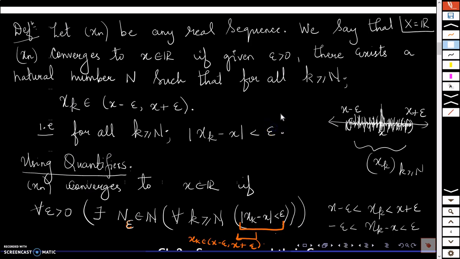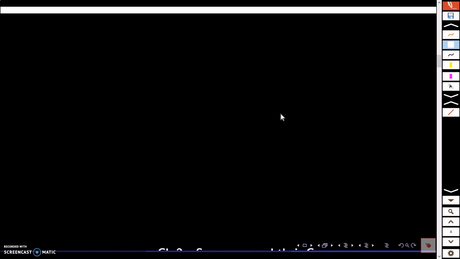Now, if I don't know the limit, that is the value x to which the sequence converges, and I know that xn only converges. Okay, so xn, a sequence converges, if I don't know the limit. So there must exist one real number.